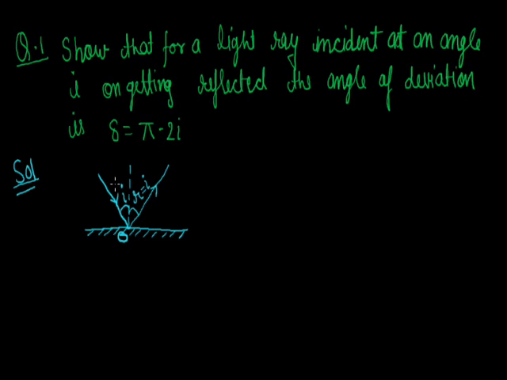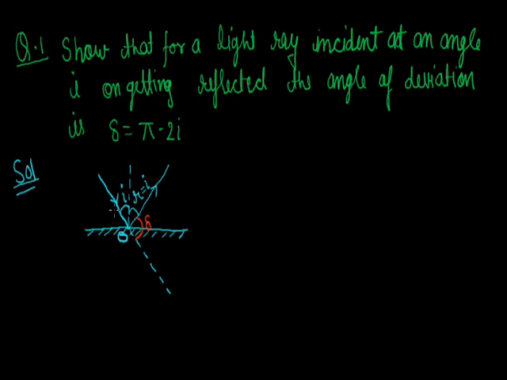Now, what will be the angle of deviation? If this light does not get reflected, then its initial direction was like this. So, this angle between the original direction of light and the reflected light is known as the angle of deviation. And we have to prove that this angle of deviation delta is pi minus 2I.